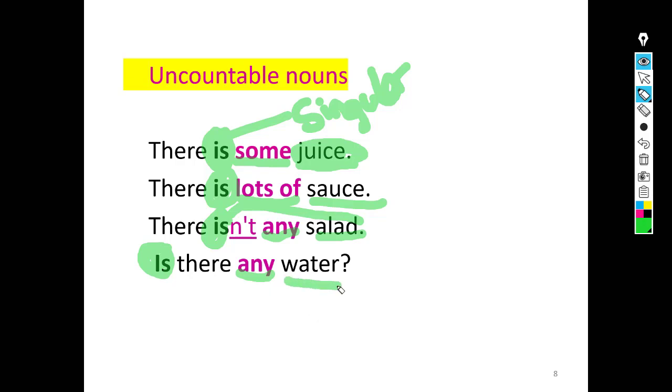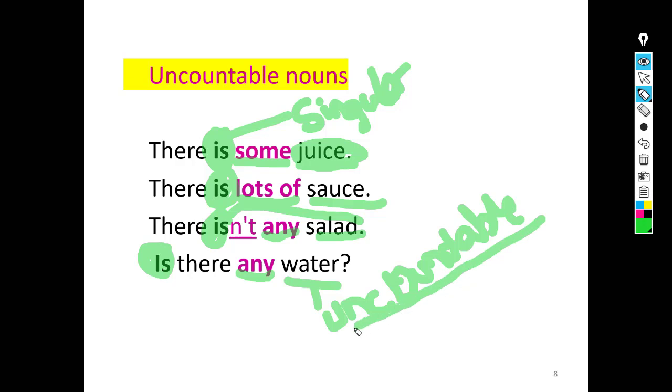And water. Do you remember the first page or the second page? We have got an example about water. So it is uncountable, so we have to use "is".